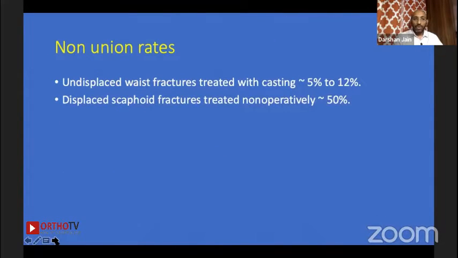What are the non-union rates when you talk about undisplaced waist fractures treated with casting alone? In spite of this, they have 5% to 12% non-union rates, and displaced scaphoid fractures treated non-operatively have almost 50% non-union rates. A lot of these statistics are mainly from the European literature, where they treat aggressively.